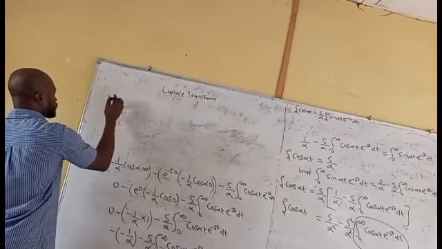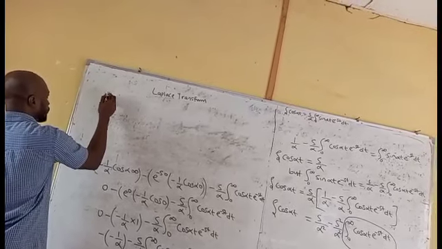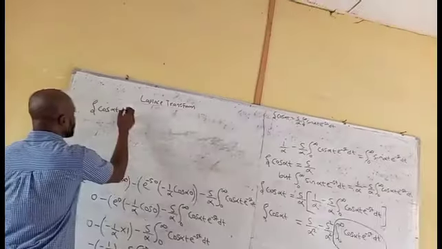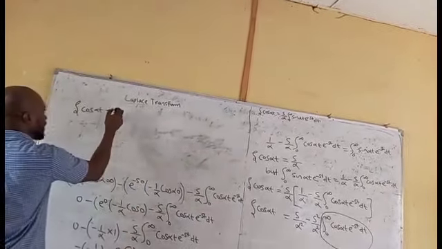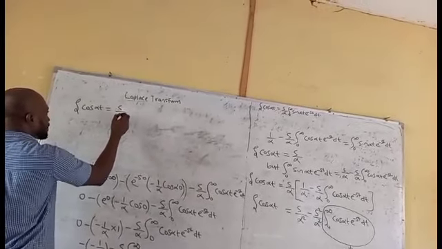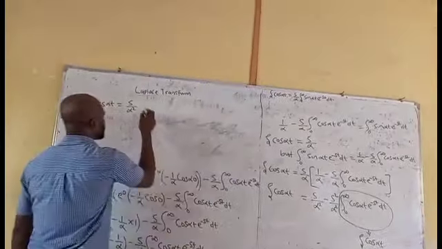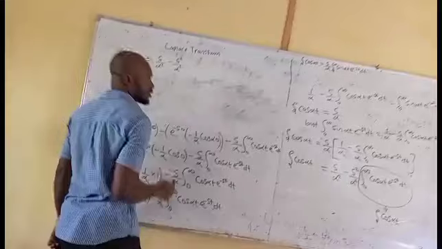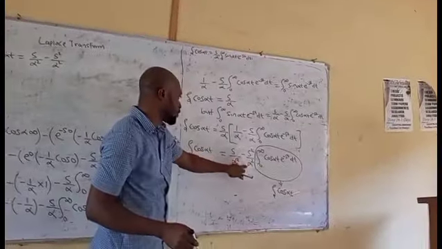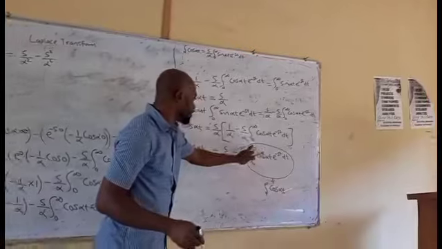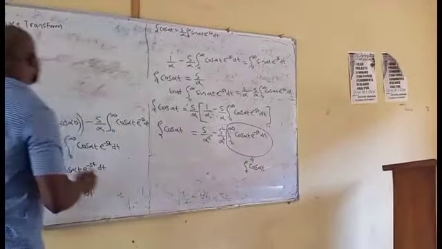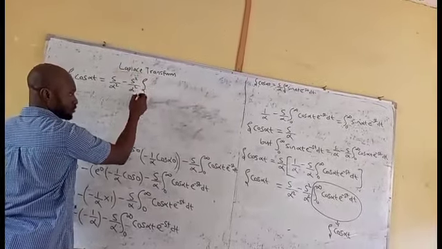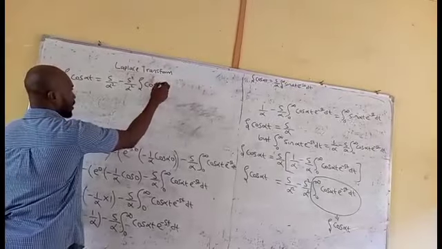I have the Laplace transformation of cos alpha t is equal to x over alpha squared, then minus x squared over alpha squared, then multiply by this x squared over alpha squared. Multiply the whole of this, and this one will give you this. You understand? It will give you Laplace transformation of cos alpha t.